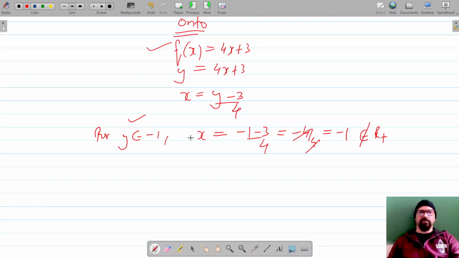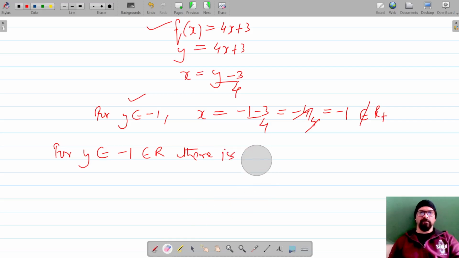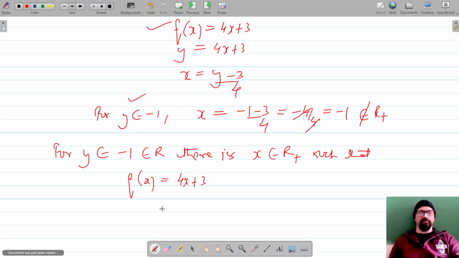So that means for y equal to -1, which belongs to the real numbers, there is no x that belongs to R plus such that f(x) is equal to 4x plus 3.